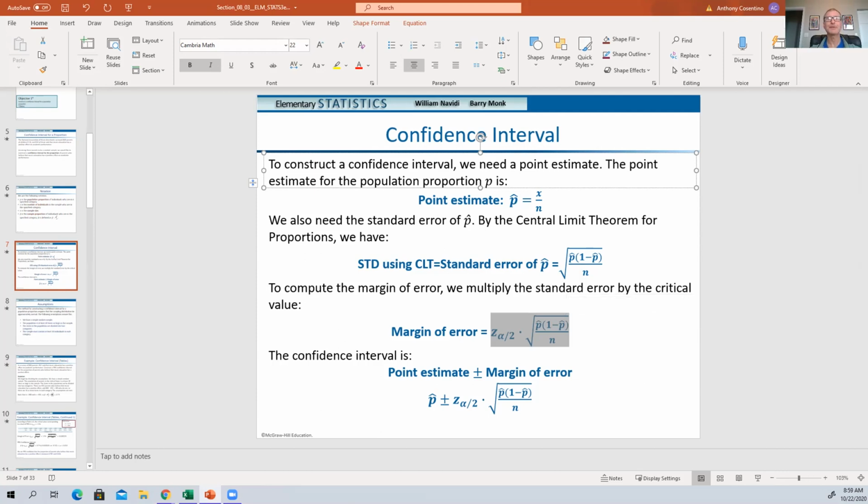Let's walk through this one example here. As we stated in the original problem, we had X equals 632, and N equals 800.